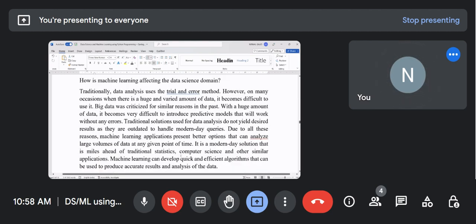How is machine learning going to affect data science? I already told that there are similarities between them. That means the steps followed in ML and the steps followed in data science are somewhat similar. So from that perspective, machine learning is going to affect the data science domain a lot.